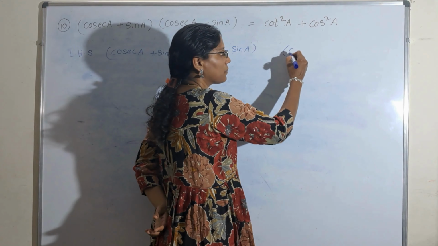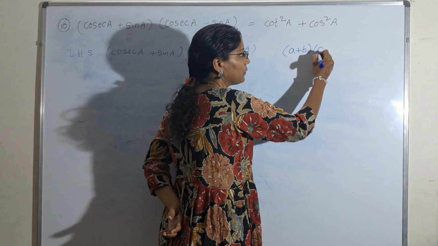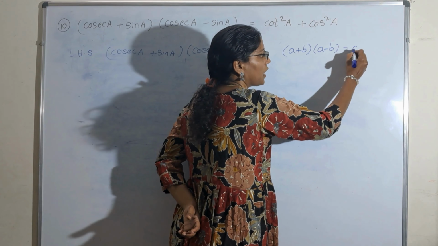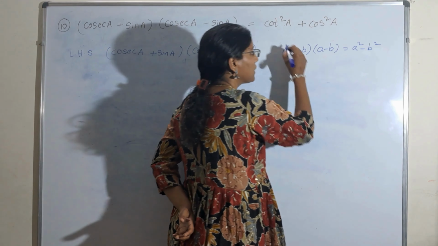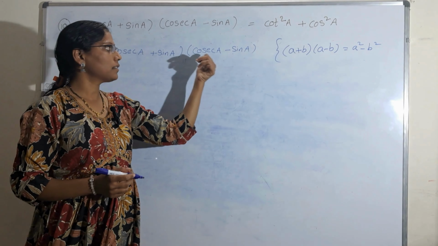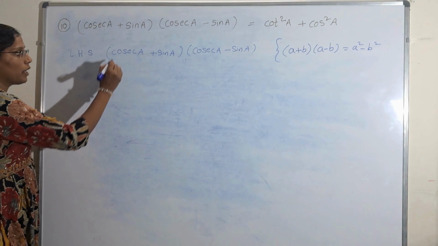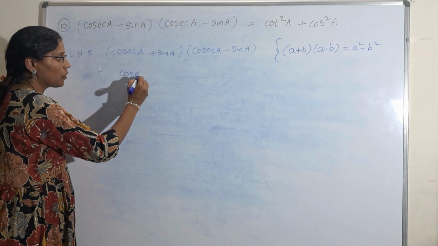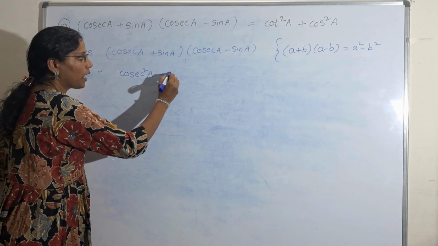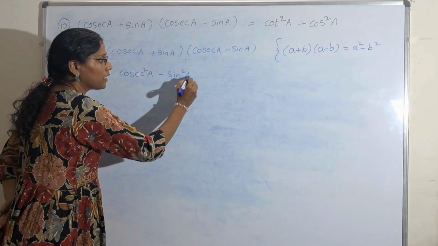What is the A plus B into A minus B formula? A square minus B square. In place of A is cosecant A and in place of B is sin A. Applying the formula, cosecant square A minus sin square A.